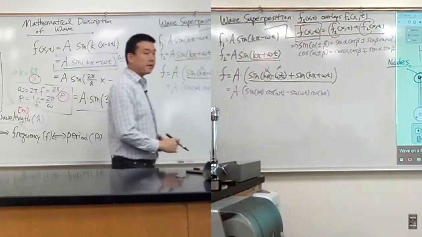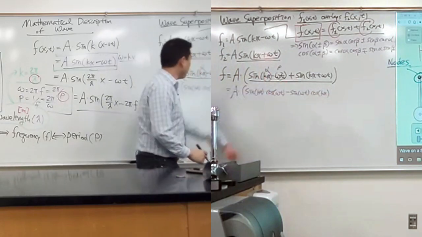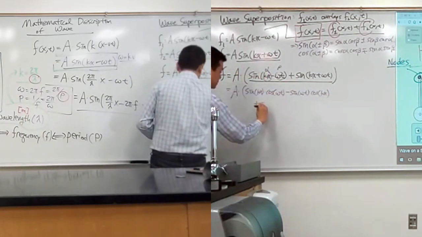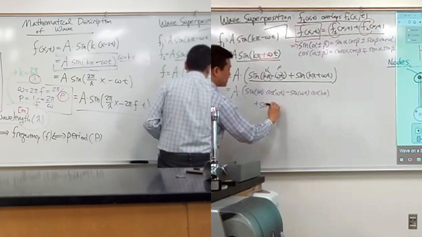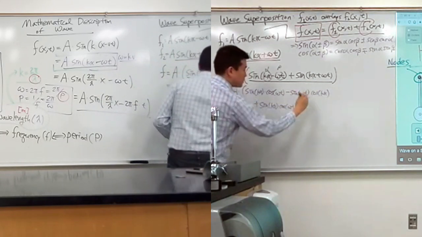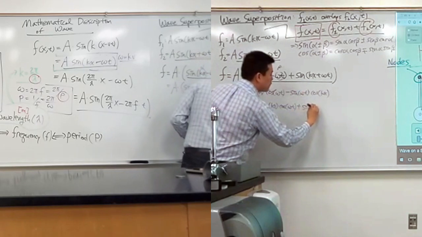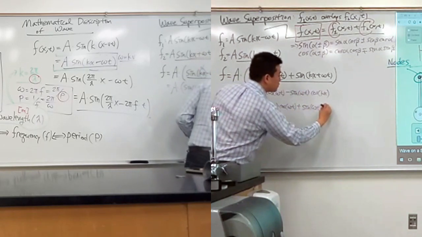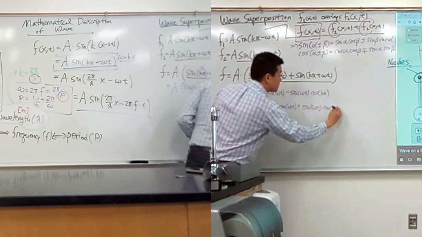All right, that seems complicated. Let me write down the second one. Plus sine of kx times cosine of omega t plus sine of omega t times cosine of kx.